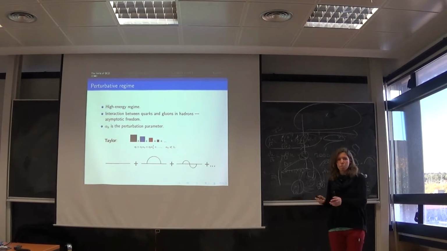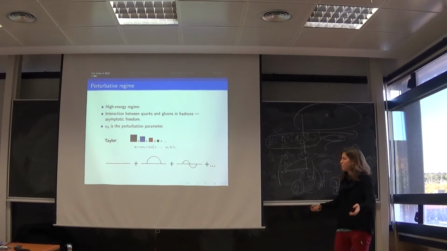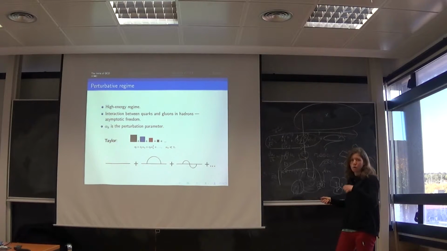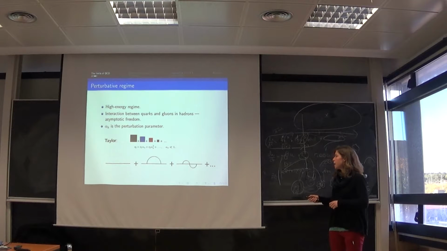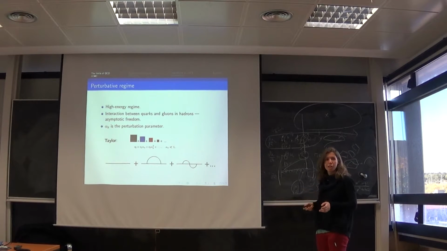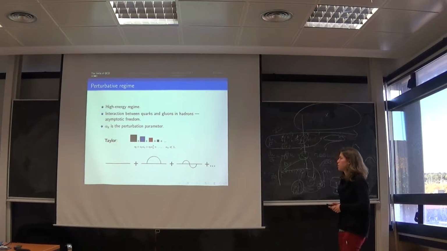Of course we don't want to take all infinite terms, because we cannot calculate infinite things. Also they get more complicated in the calculation, as you can see, with always more complicated structures appearing. Therefore we stop the series where we see that it is already good enough to reproduce, for instance, what we are expecting from the experiment.